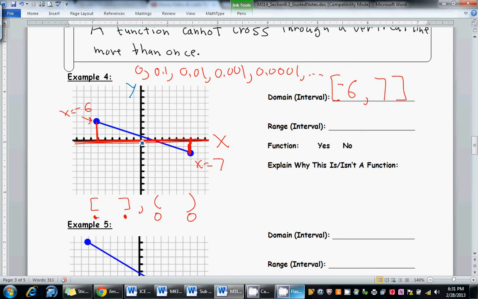And now I'm going to count down from 0. -1, -2. And right at that point, the y value is -2. And as I look further below, there's no part of my graph that's down here. So the smallest y value I have is -2.